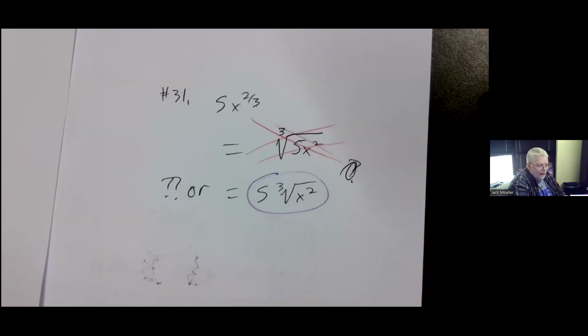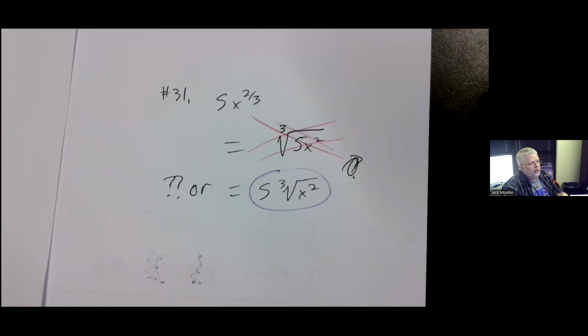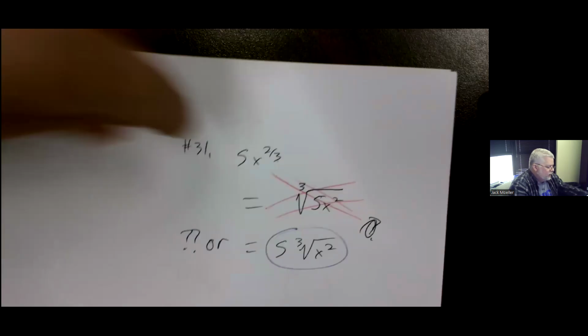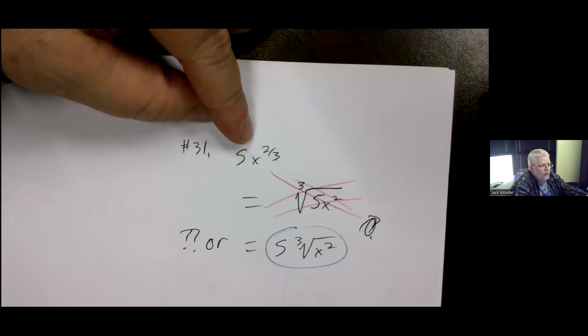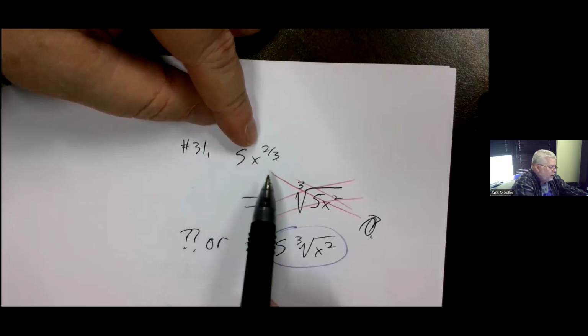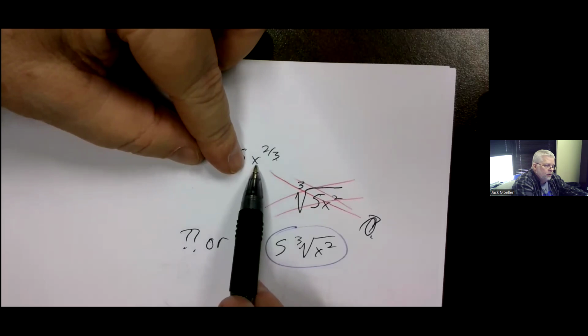And why is that? Well, it all comes down to parentheses and how we write our exponents. If you have a term that has an exponent, if there is no parentheses, the only thing getting the exponent is what's immediately to the left. Since there is no parentheses here, only the x is to the 2/3 power.